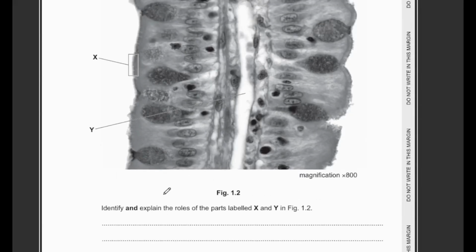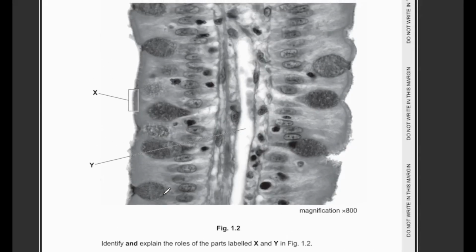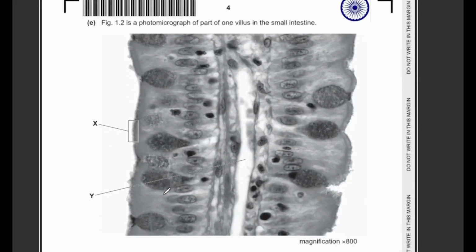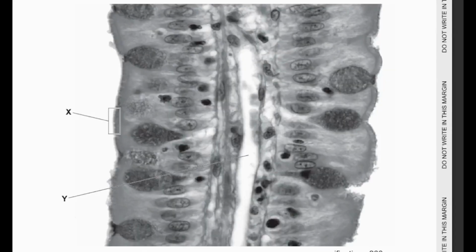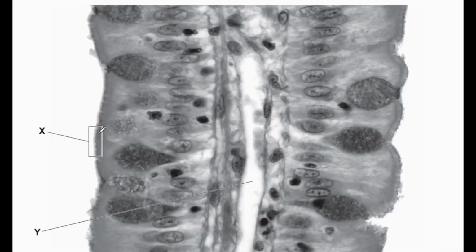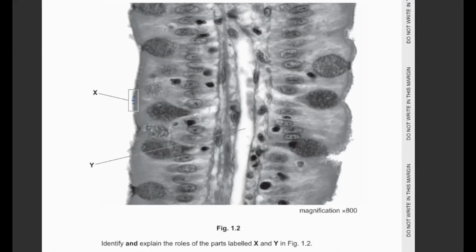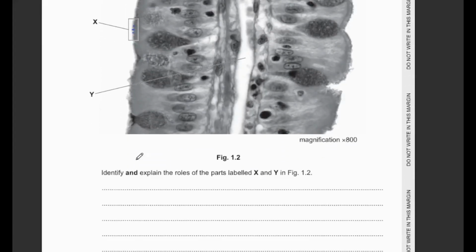So they are asking you what is this X and Y. Now in our textbook, for example, the villi diagram of the small intestine, if I magnify this, I don't know whether you'll be able to see, but you can see these small projections outward. These are hair-like projections. So what are these hair-like projections? We know hair-like projection in the small intestine is basically a microvilli. So let's put here, X is identified as microvilli.